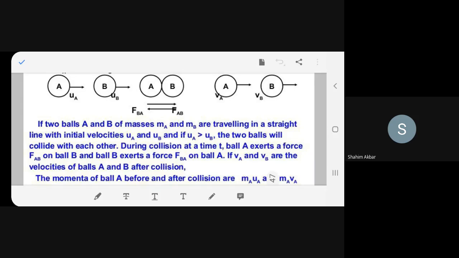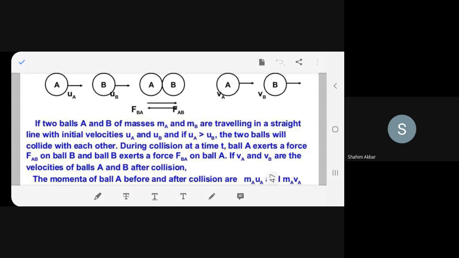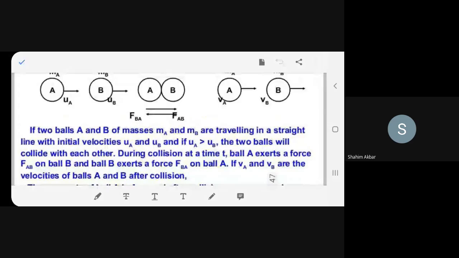If VA and VB are the velocities of ball A and B after collision, the momenta of ball A and B are considered. Step by step we will go, so you will understand. Now there's a collision. You agree there's a collision over here. A is colliding with B, right?